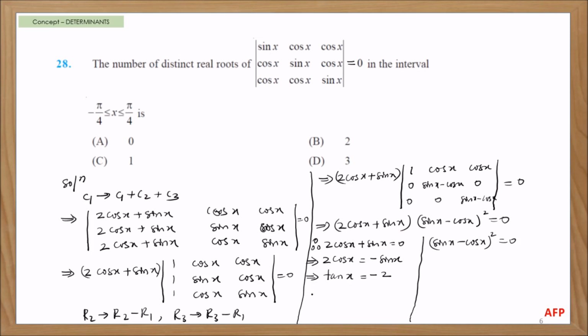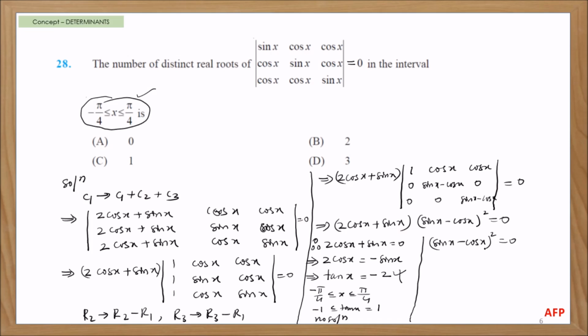Okay, but according to this condition, minus pi less than or equal to x less than or equal to pi, if you apply tan you are getting minus 1, tan x plus 1 you are getting, meaning whatever the tan x value will lie between minus 1 and plus 1 according to this interval, so it cannot be minus 2, so no solution for this equation.